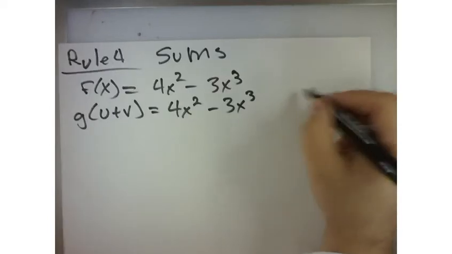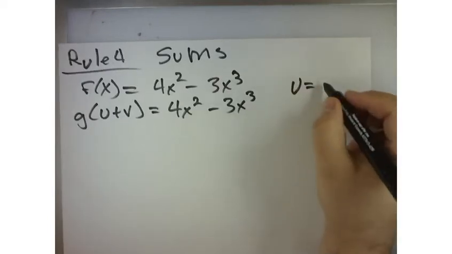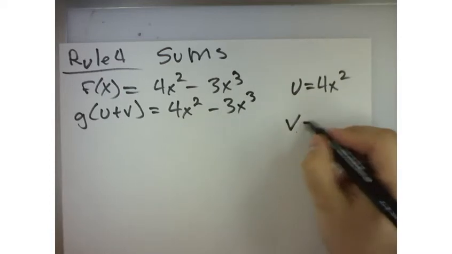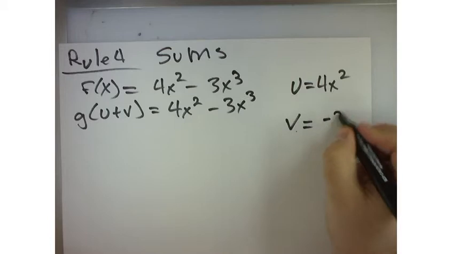Now what I'm saying is that my function u is equal to 4x squared, and that my function v is equal to negative 3x cubed.